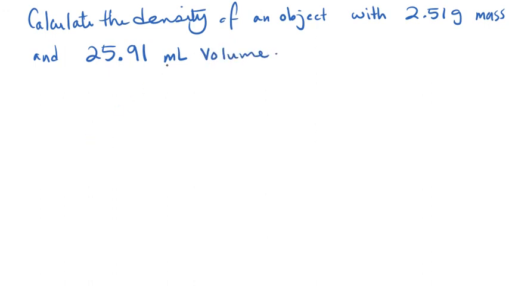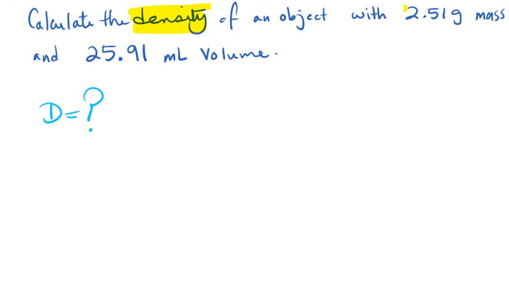So we are going to calculate the density, which relates these two. Pay attention, the question says calculate the density. All right, density, question mark. There is no unit for that one. We need to derive the unit by ourselves.